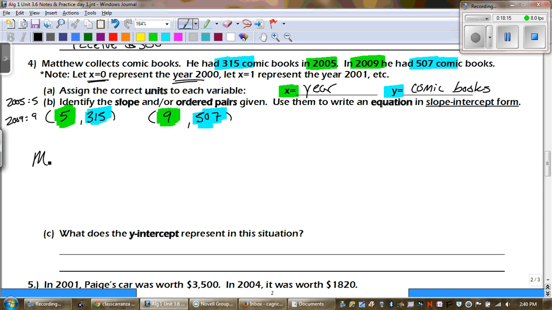So, I don't know the slope, I need the slope. And then after that, we need to plug it in. You guys are on your own. You know that the y's go on top and the x's go on the bottom. Okay? I want you to fill everything out, and then we'll talk about the C when you get back. Pause the video. Good luck.